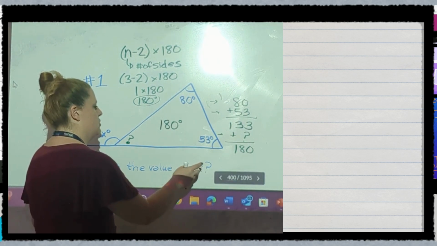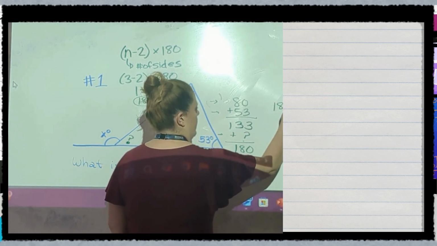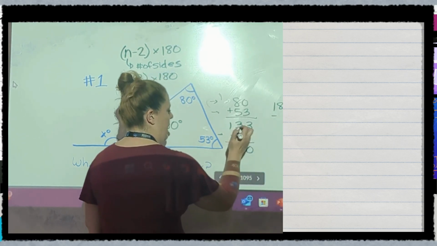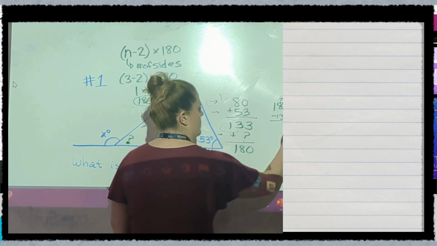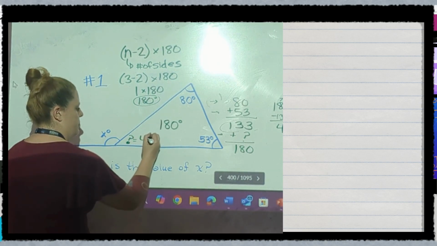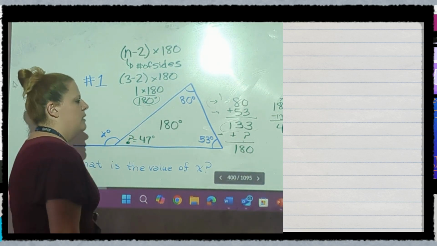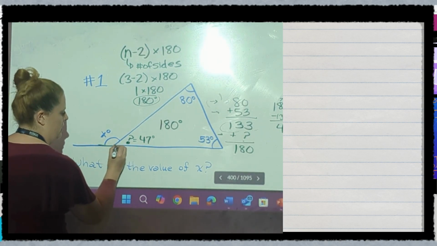So what we could do to find this missing angle is subtract the other two. I get 47. Now we have to look at the fact we have a straight line down here.